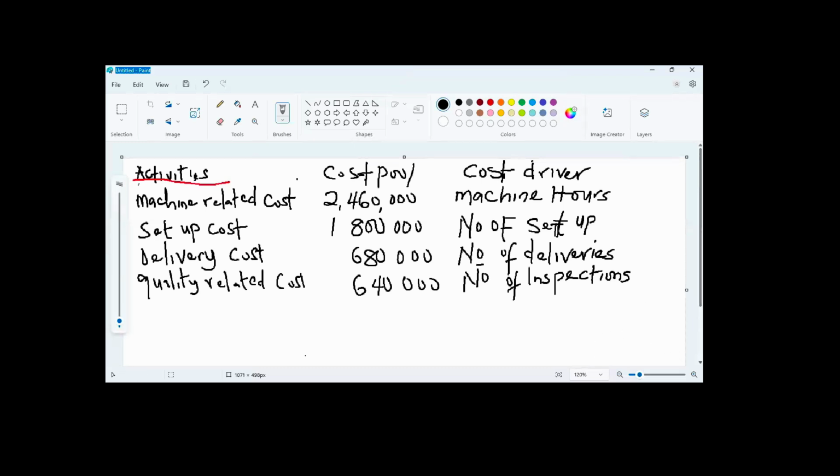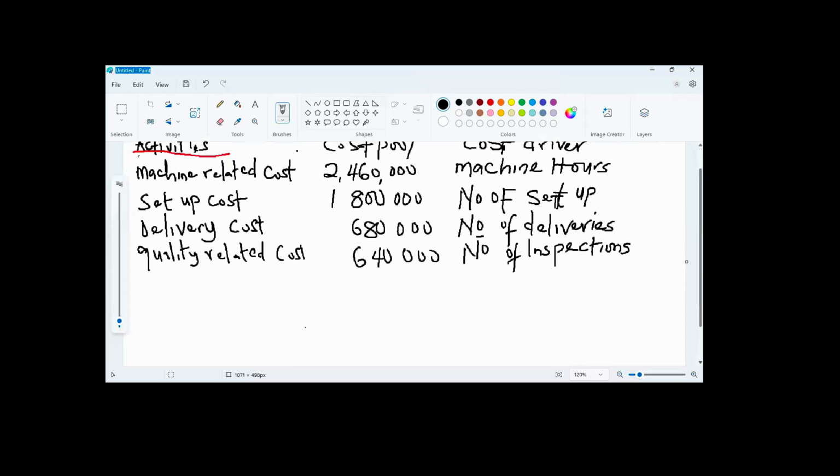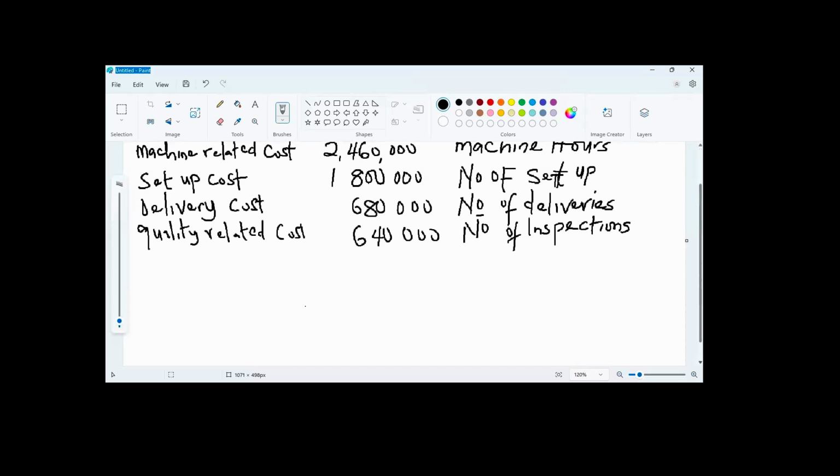When I come here, let us pay attention to this activity. You start with the first activity.